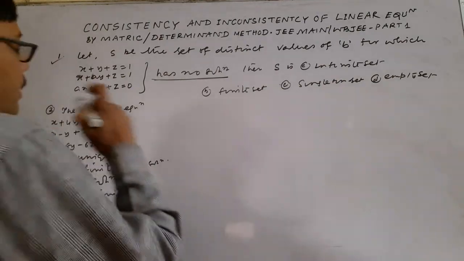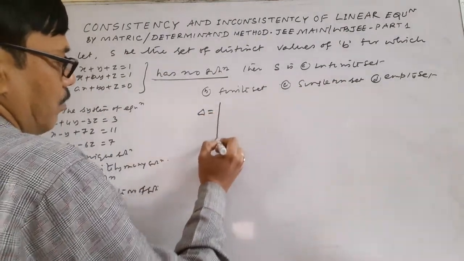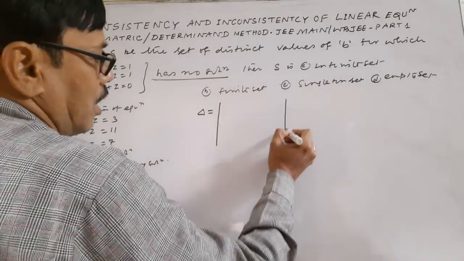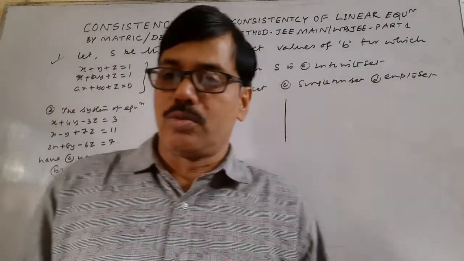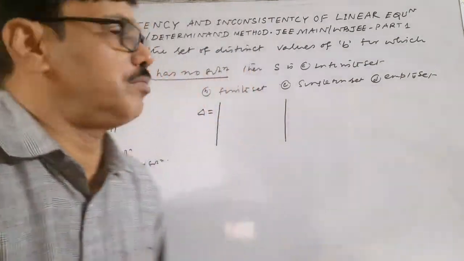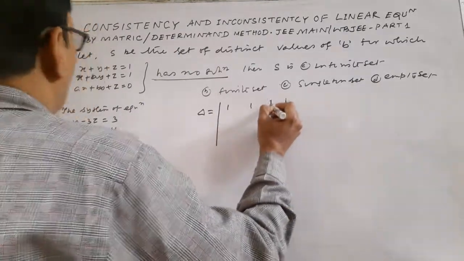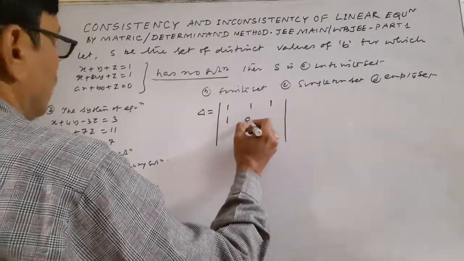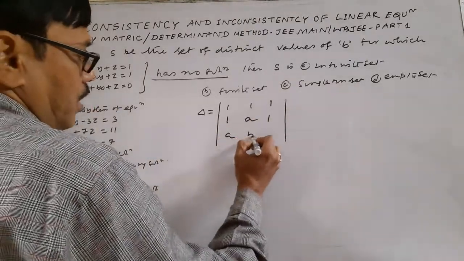So we calculate delta. If delta equals 0, then there are two possibilities: no solution, or infinitely many solutions. So the determinant is 1, 1, 1, 1, A, 1, A, B, 1.